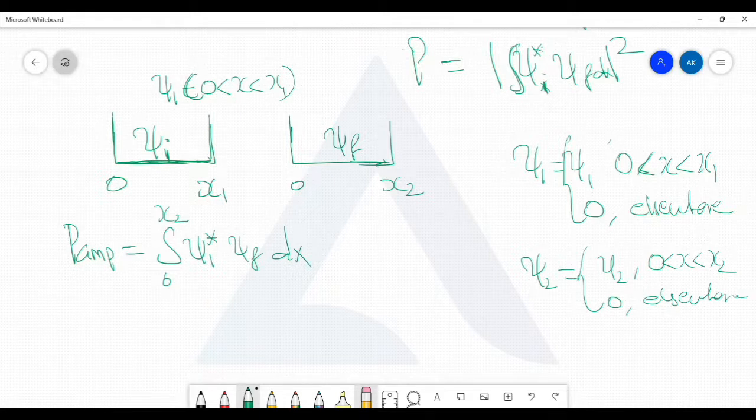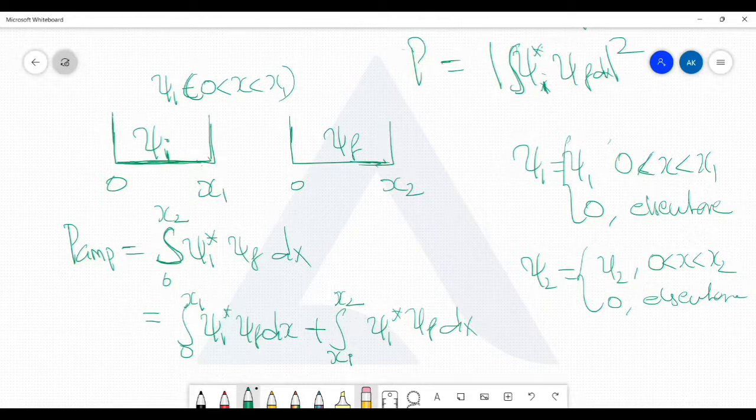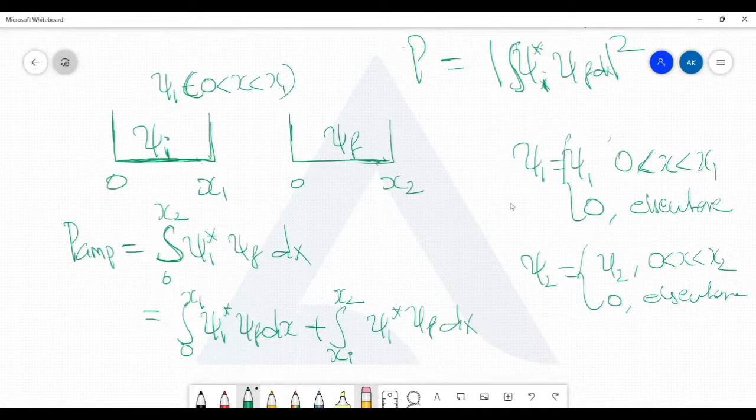So if you take the limit, the psi 1 existing only up to 0 to x1. Therefore, 0 to x1 psi 1 star psi final dx plus x1 to x2 psi initial star psi final dx. But unfortunately, in this limit, our psi 1 is of course 0.